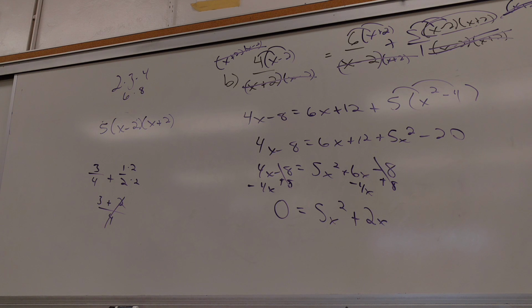True. But it's got to be 5 times that. Yeah, same thing right here. It's 5 times that. No. Because you didn't multiply the 5 times the negative 4 anywhere else. See that? It's 5 times x squared minus 4, not 5x squared minus 4. That's different. Yeah, okay. That's different.